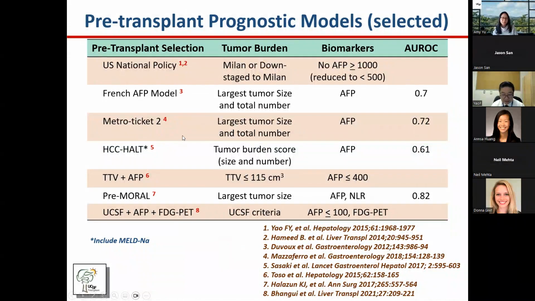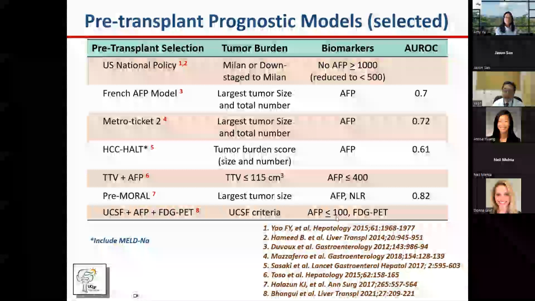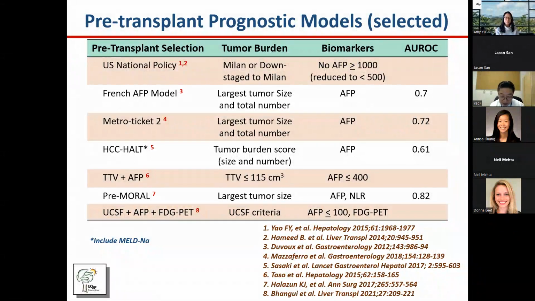The HCC Hawk from Cleveland Clinic looks at tumor burden and AFP, and then the total tumor volume and AFP, the pre-MORAL looking at AFP, neutrophil-lymphocyte ratio, and the largest tumor size, and then the combination of AFP, PET-CT, and UCSF in this latest study from New Delhi. So the common theme here is that all these prognostic models combine tumor burden with biomarkers.